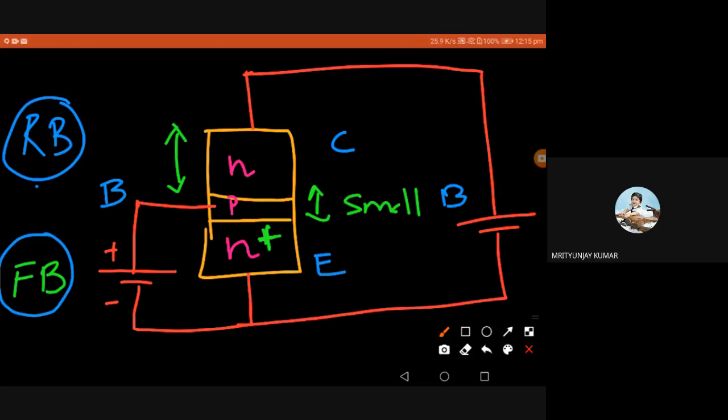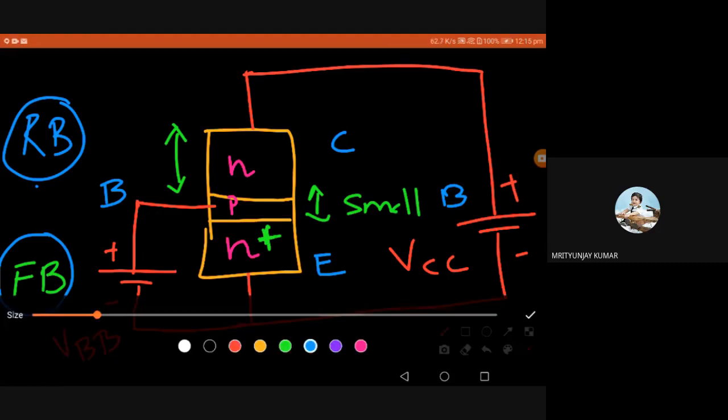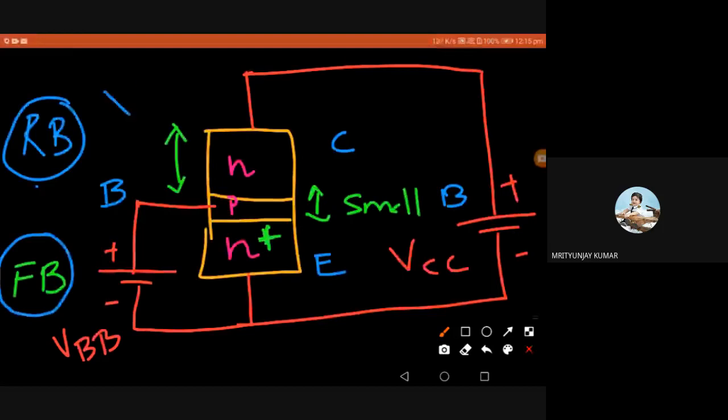and this voltage, as you have seen in a lot of examples yesterday, is called VCC. And what is this voltage called? VBB. VBB is given on the base side, and the collector supply is VCC. Now you can still calculate the voltage from collector to base, VCB.